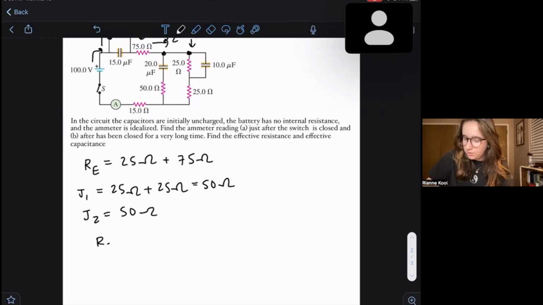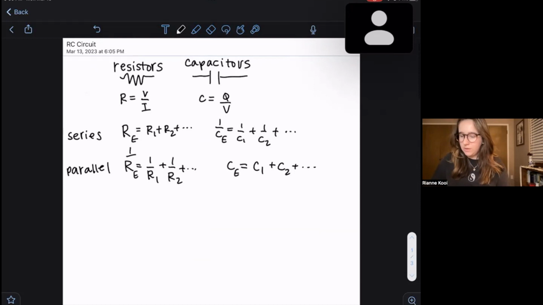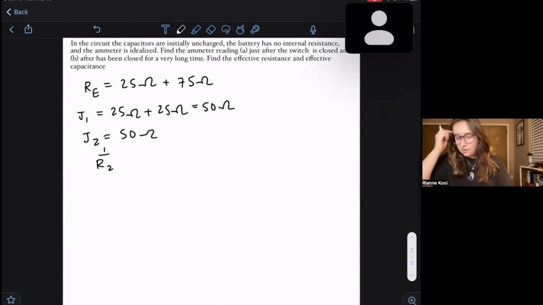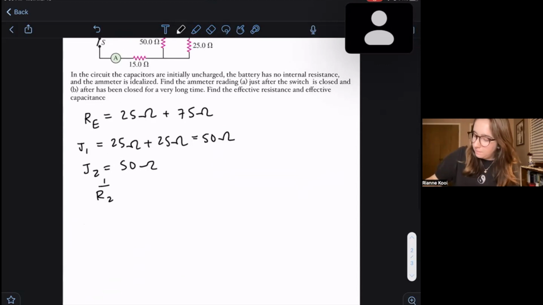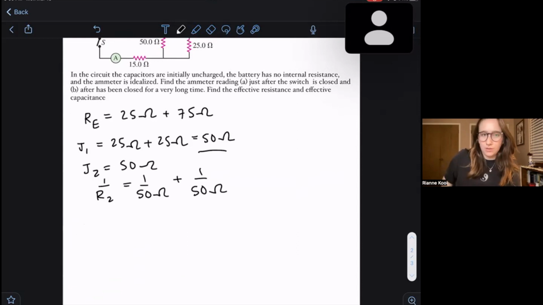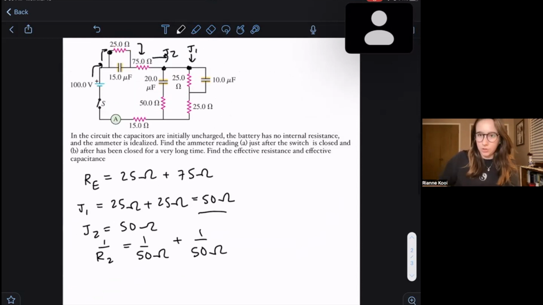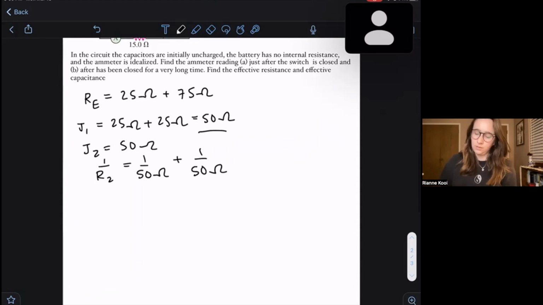If we remember from this property right here, 1 over the effective resistance will be 1 over 50 ohms plus 1 over 50 ohms. Again, I just added the two together that were in series in the first junction.